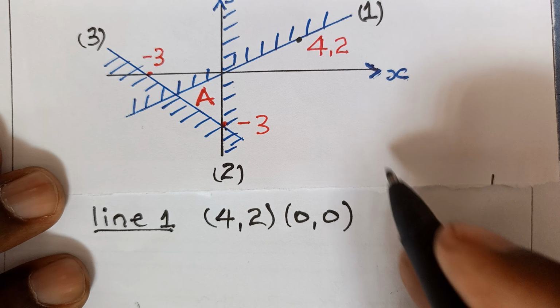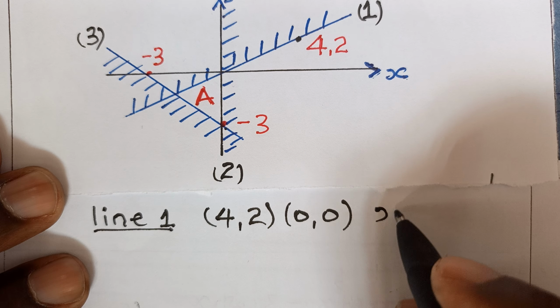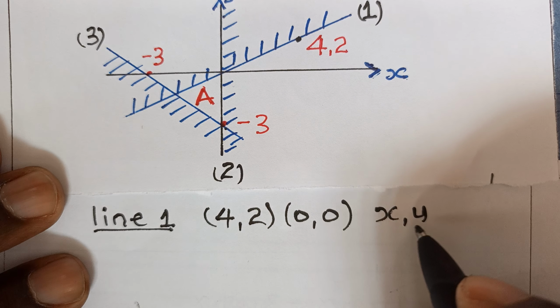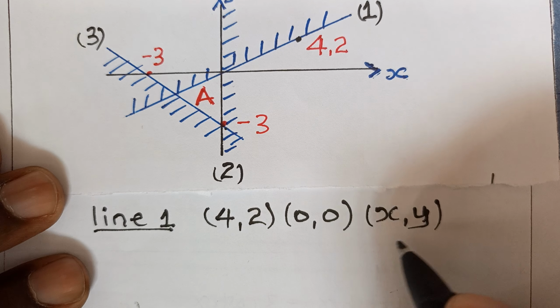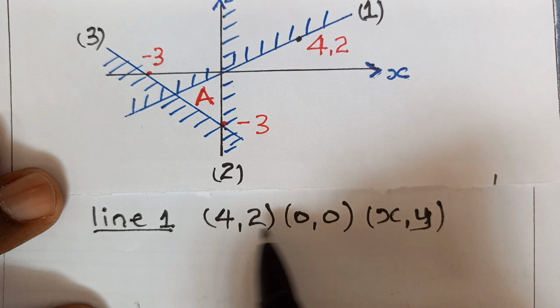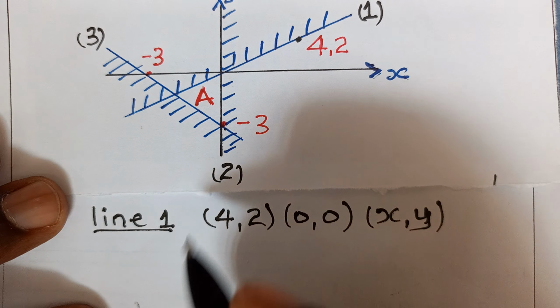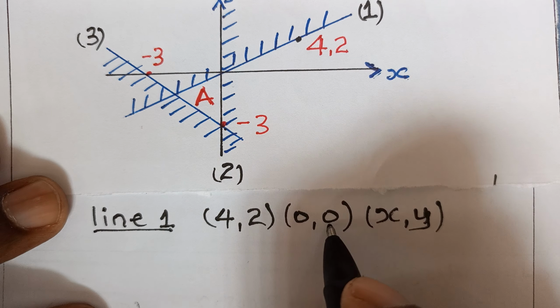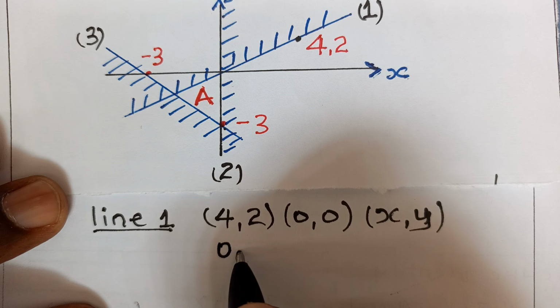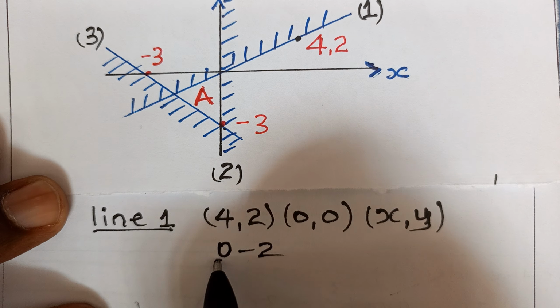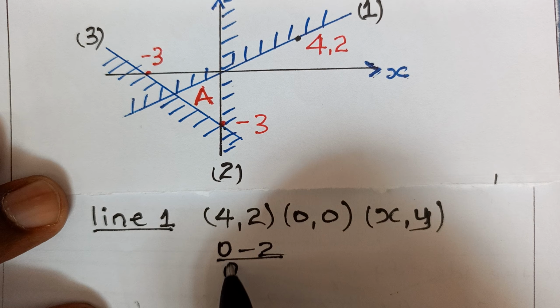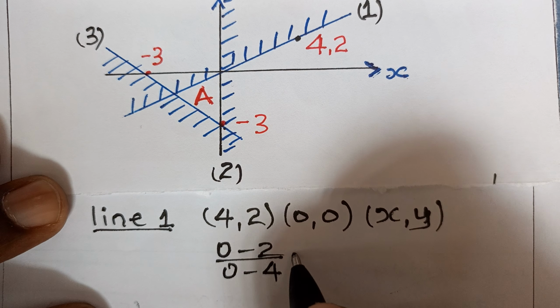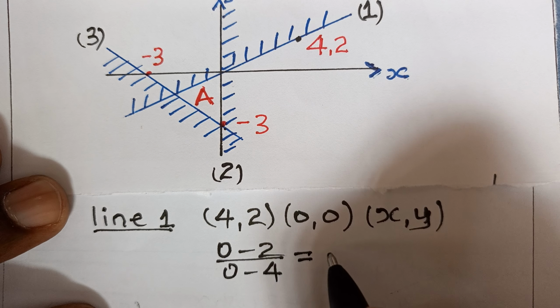And of course, I need another point for getting the equation, which is (x, y). Now using those points, I can get the gradient and the equation. The gradient is y increment, 0 minus 2, all over x increment, 0 minus 4. This now comes to 1 over 2.